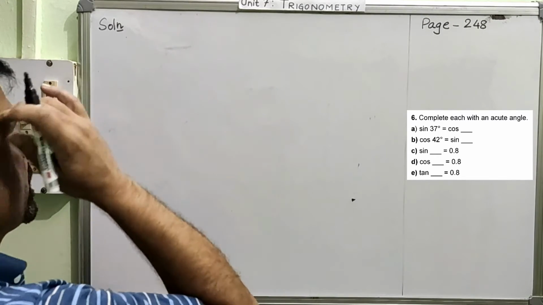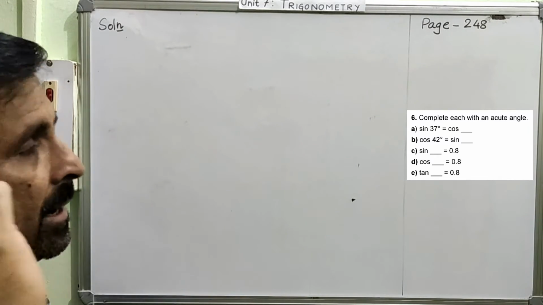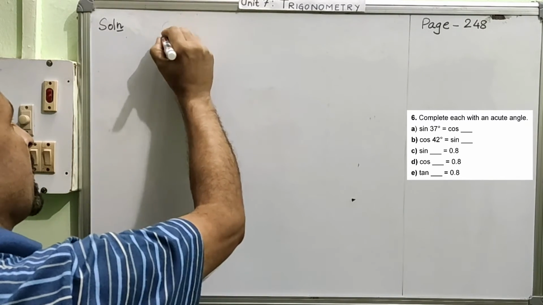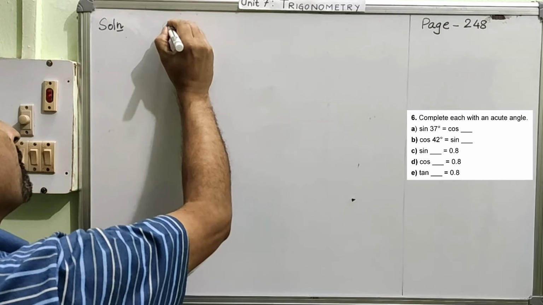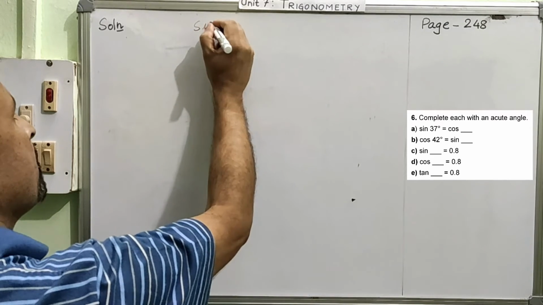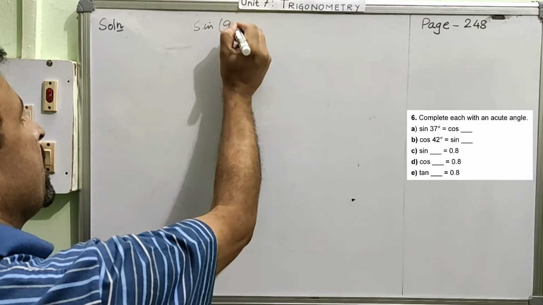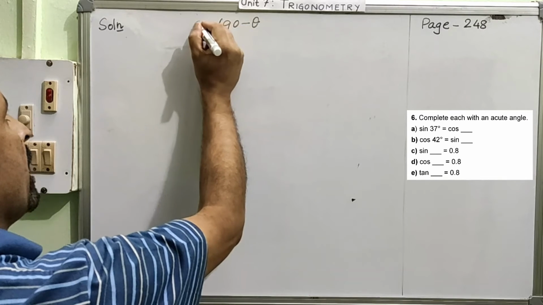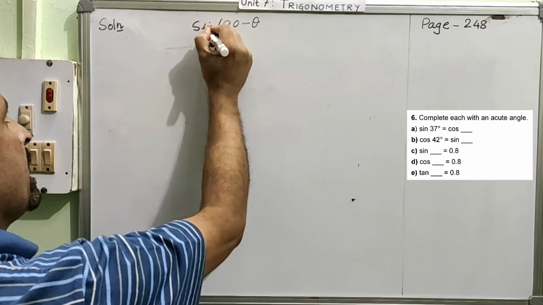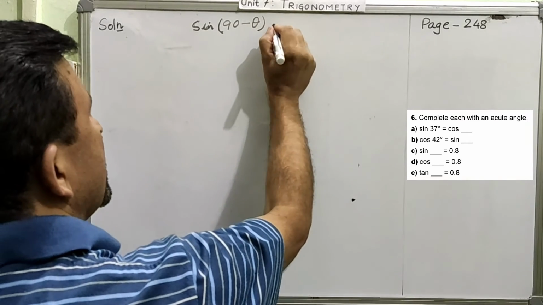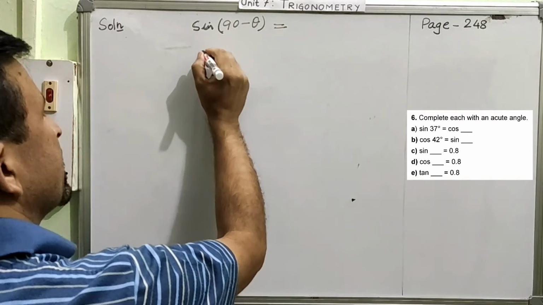There is one thing which is called the allied angle formula. That formula is sine 90 minus theta. If you have sine 90 minus theta, then what will it be?